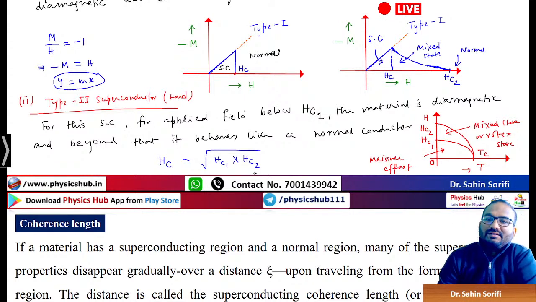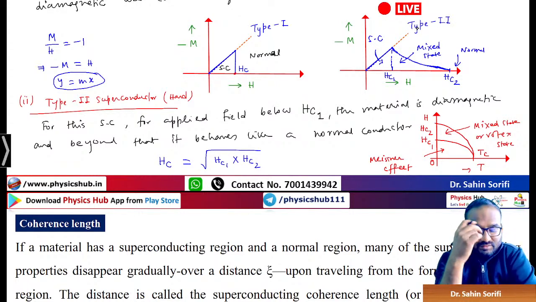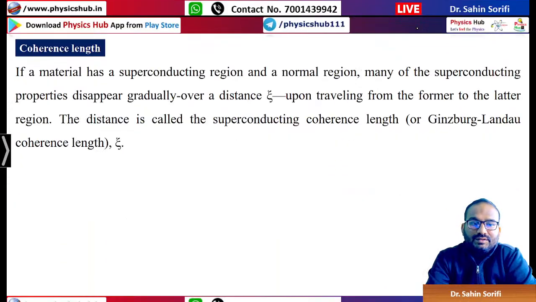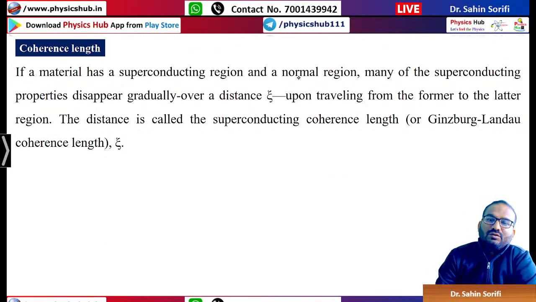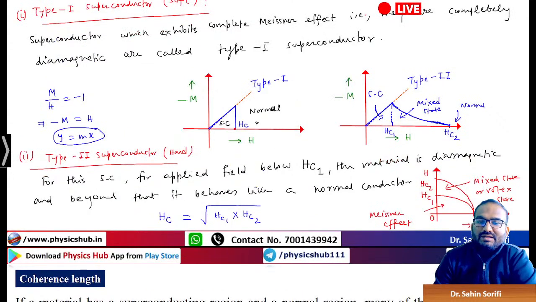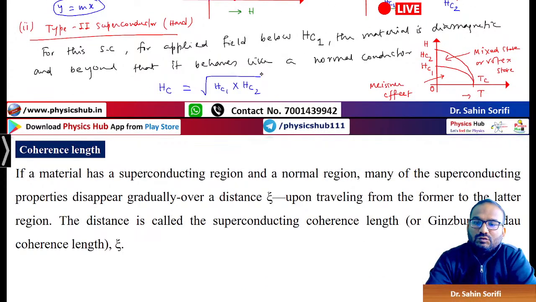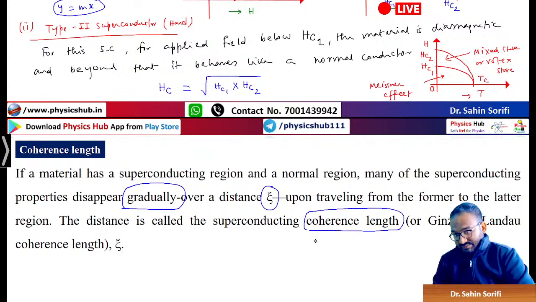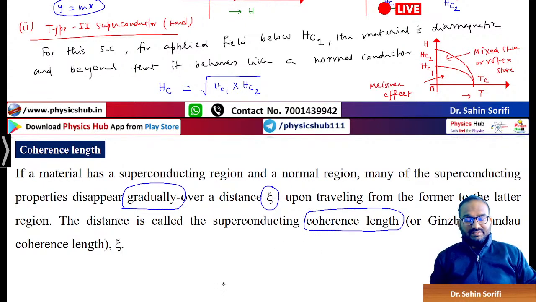Now to mathematically define type 1 and type 2 superconductor, we need to define coherence length. If a material has a superconducting region and a normal region, many of the superconducting properties disappear gradually, not instantaneously, over a distance xi, upon traveling from the former to the latter region. This distance is called the superconducting coherence length, or Ginzburg-Landau coherence length.